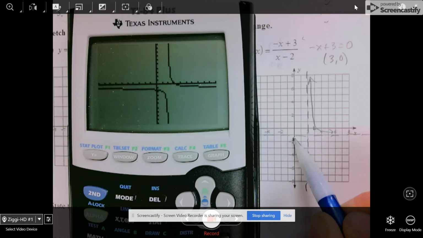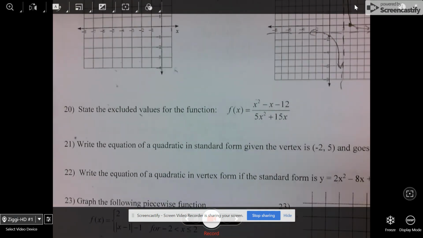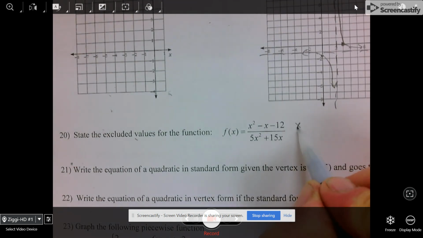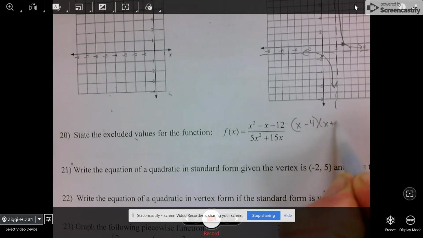This is another rational expression. Always you want to factor before you start talking about asymptotes and exclusions and all that kind of stuff. So here's what I know. Excluded values, I cannot use 0 and -3.